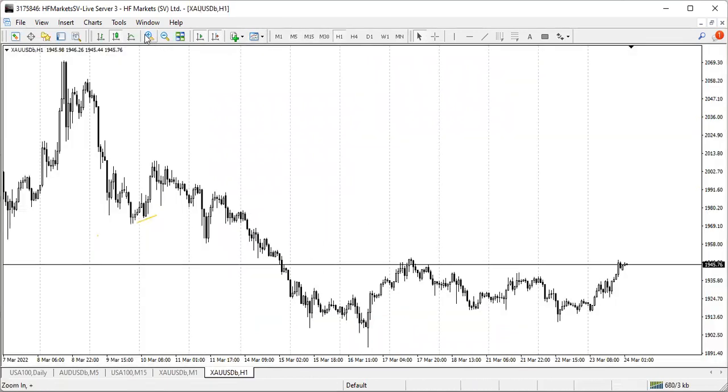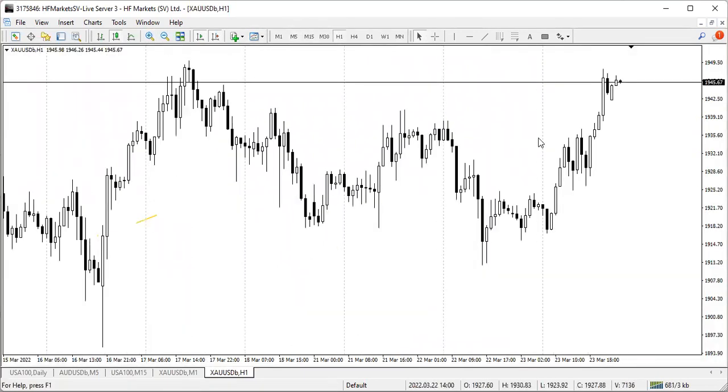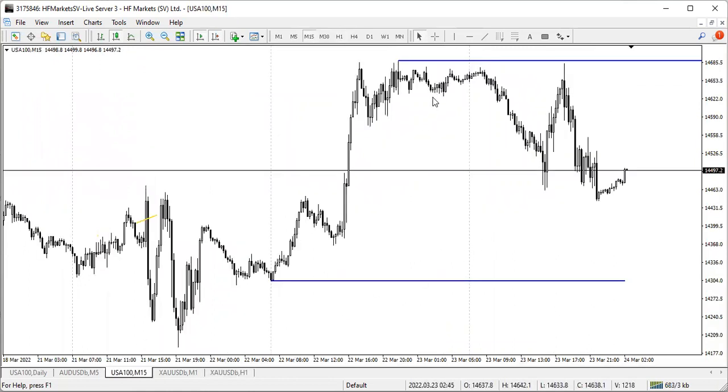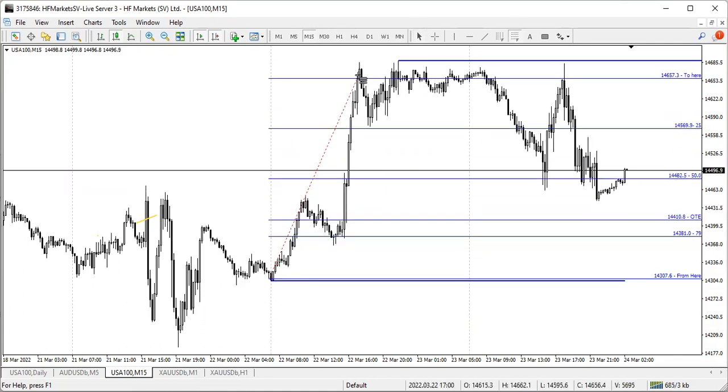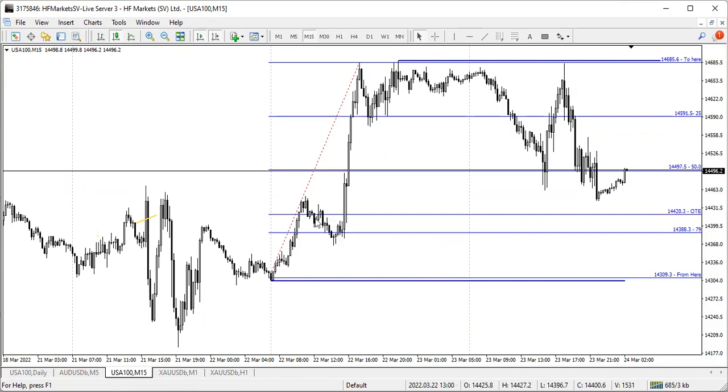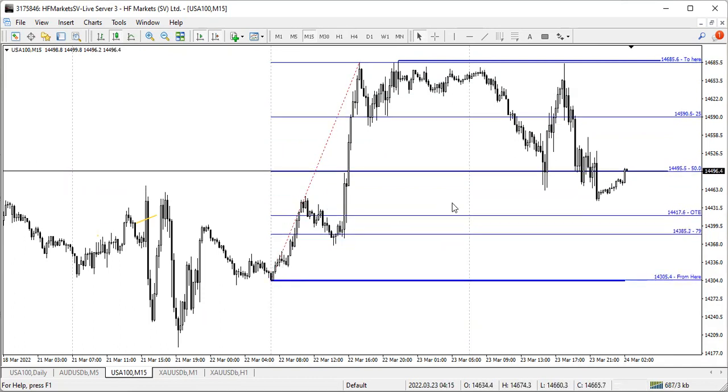So using that same idea on gold, we're going to look at this in a second. So we have this, grab our fib. That's the range right there. So here's a 50%.